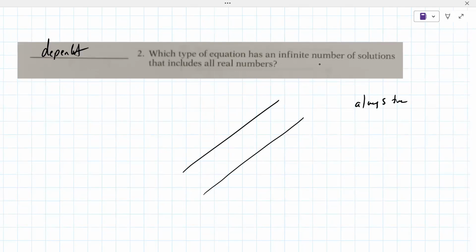But again, I'm not sure what they're referring to. What I was going to do is slide this line on top of the other, and that's what it means by always true. Like they're always intersecting. Makes sense.